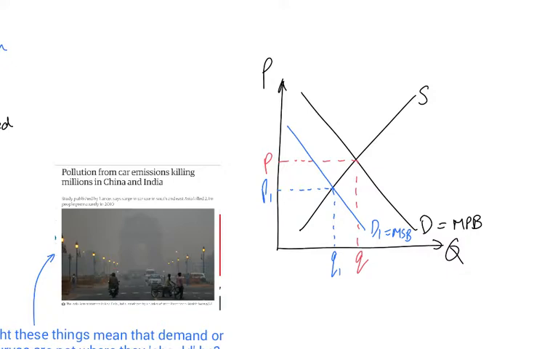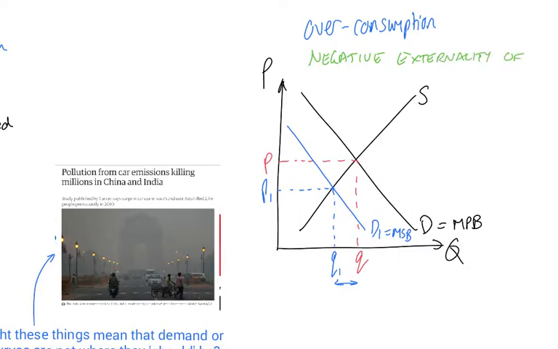The result, once again, is that we have a situation of overconsumption from Q to Q1, and this time, though, it's due to a negative externality of consumption.